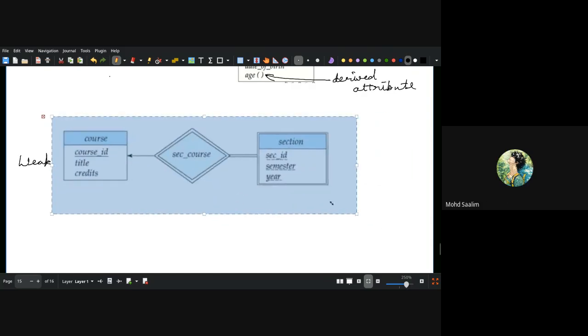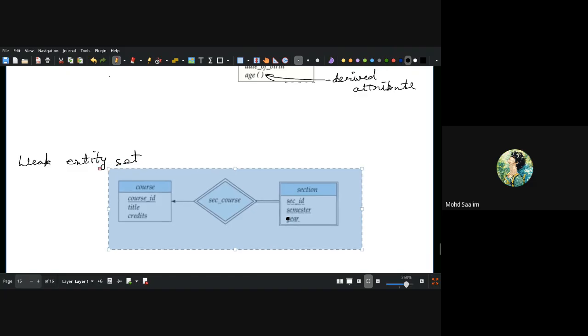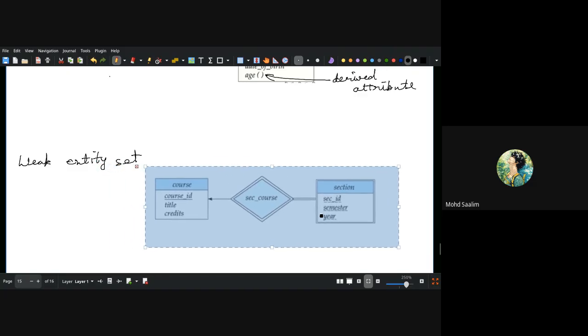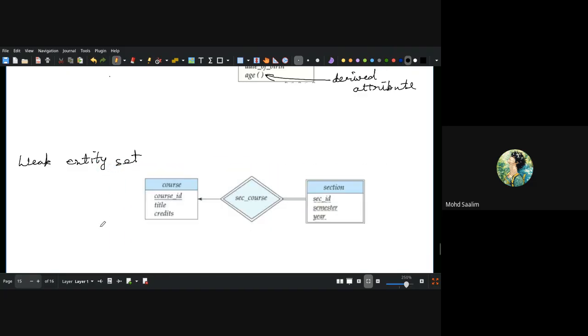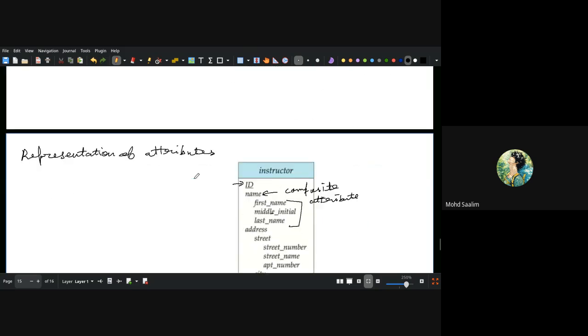This is how you show the weak entity set. Now you will ask me, you want to show me a weak entity set, but why are you showing me two sets? You should only show me this section, right? Why are you showing me this course? But if you remember what I said, then you will easily understand.